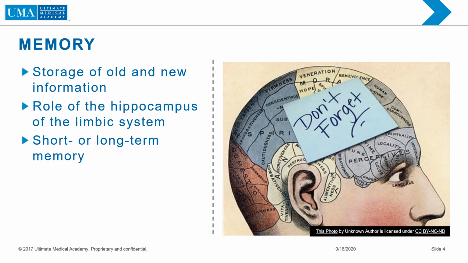Our brain acts like a huge library of stored information that we have either witnessed, learned, or thought about. The information can either be new or old. Scientists actually believe the hippocampus of the limbic system acts like a receptionist. Weird, but it's true.